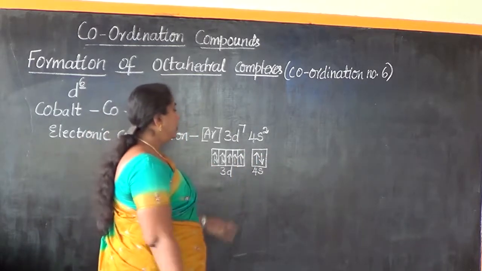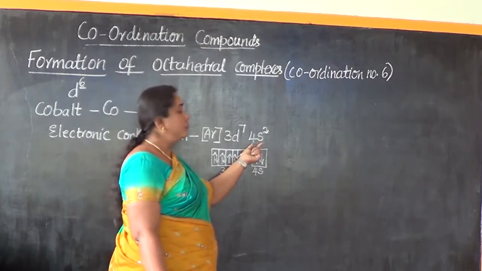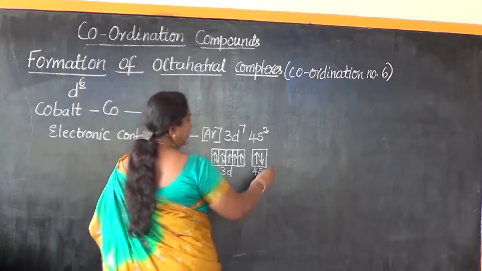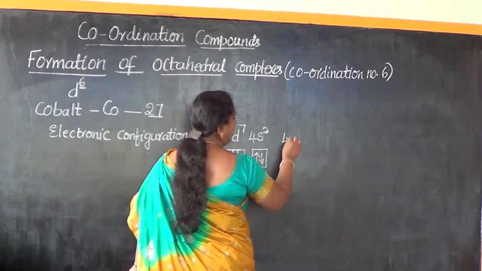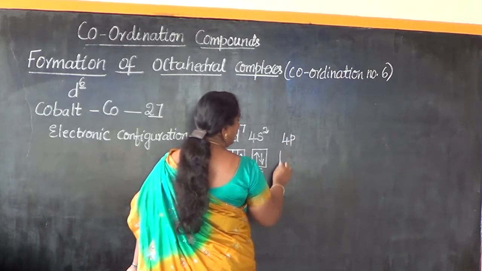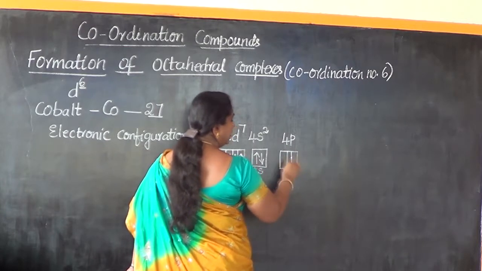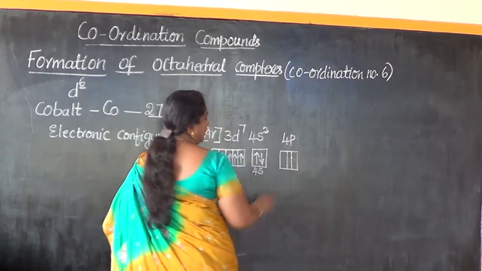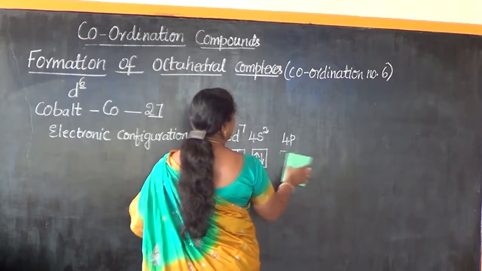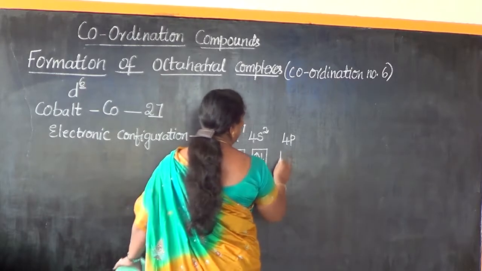Point to remember here is that when the 4s orbital is there, we also will have the presence of 4p orbitals, which are 3 in number. 1, 2, 3.